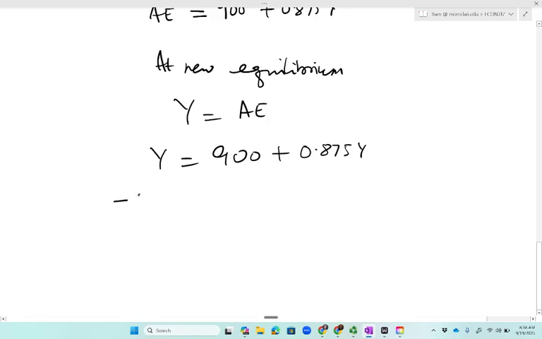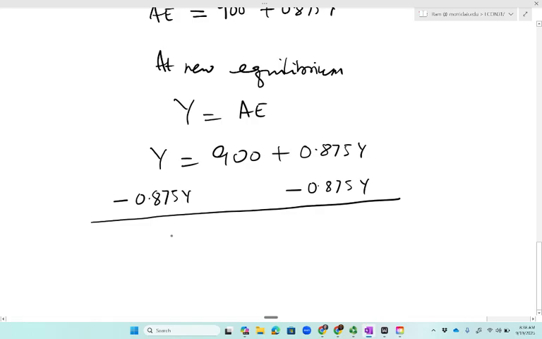Subtract 0.875y from both sides as before. What we obtain is 0.125y on the left.